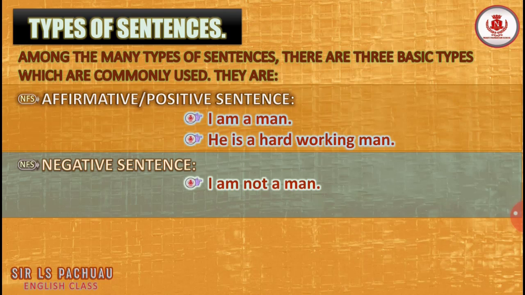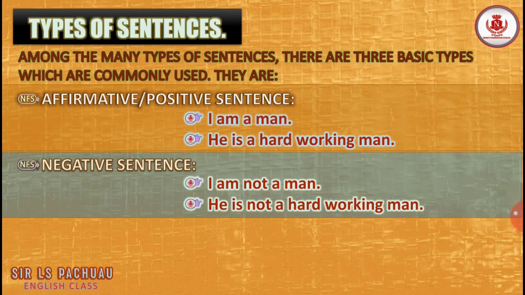"I am a man" is positive, but if we turn that into a negative sentence, it becomes "I am not a man." So keep this word in mind: not. And here also, "He is not a hard-working man." So that forms a negative sentence.